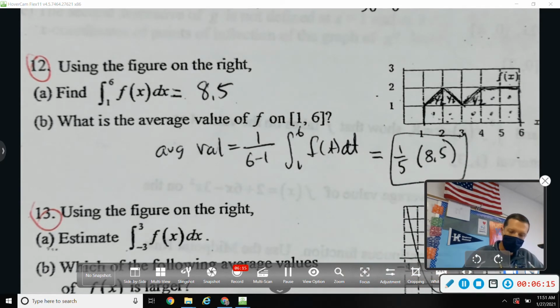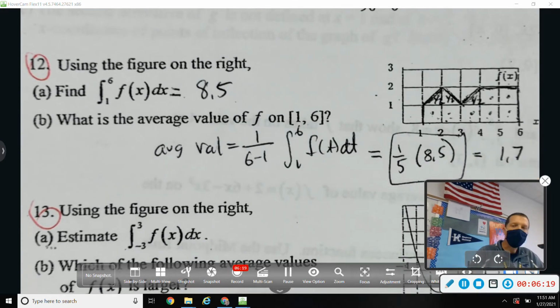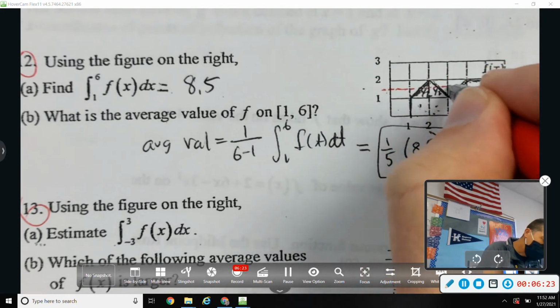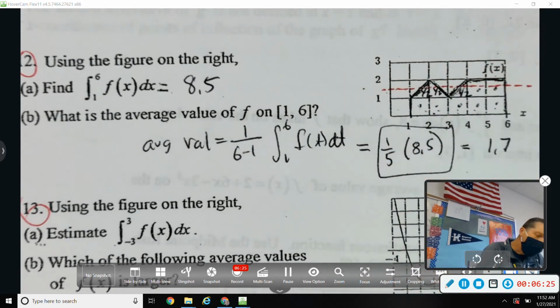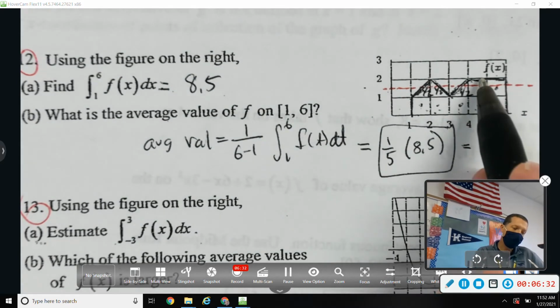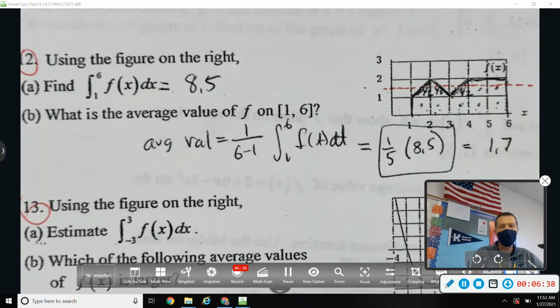Although, I don't know, if you want to see what that answer is, 1.7, to kind of see if it makes sense. So 1.7, that seems right. That seems like a good average value. It's definitely above 1, definitely less than 2. And it spent more of the time at 2 than at 1, so it's bigger than 1.5. I don't know, just trying to make sense of the answer.